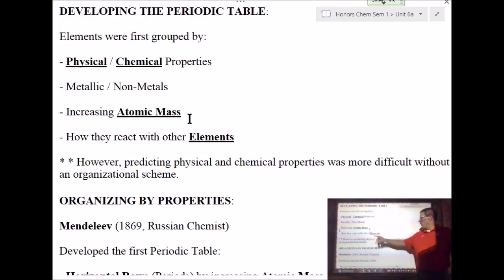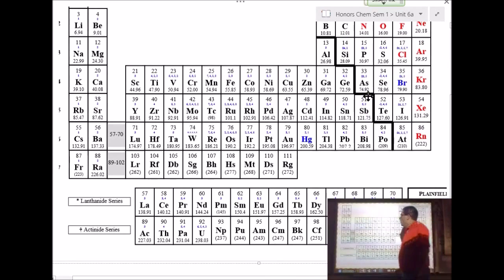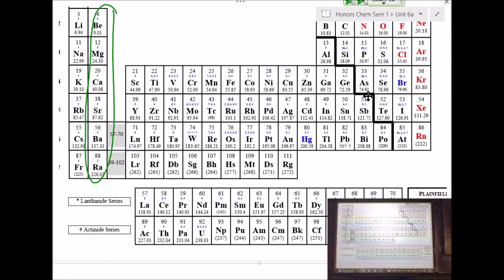Also, he arranged it based on how elements react with each other. So when we look at the vertical columns, all of these elements behave in a similar fashion, and so on and so forth. So when we look at columns, there is a commonality there.